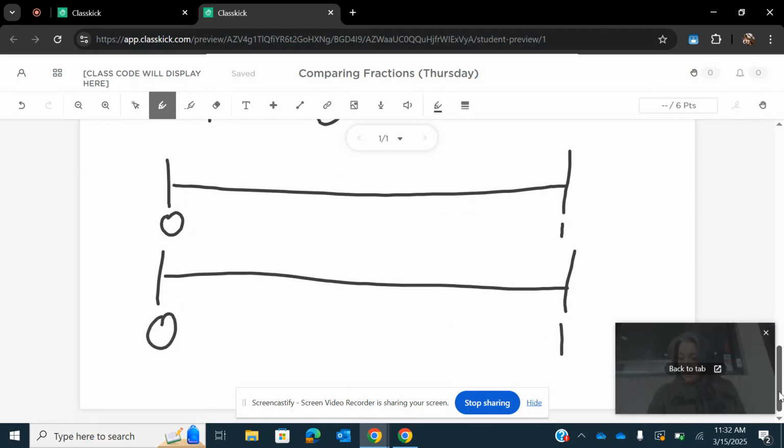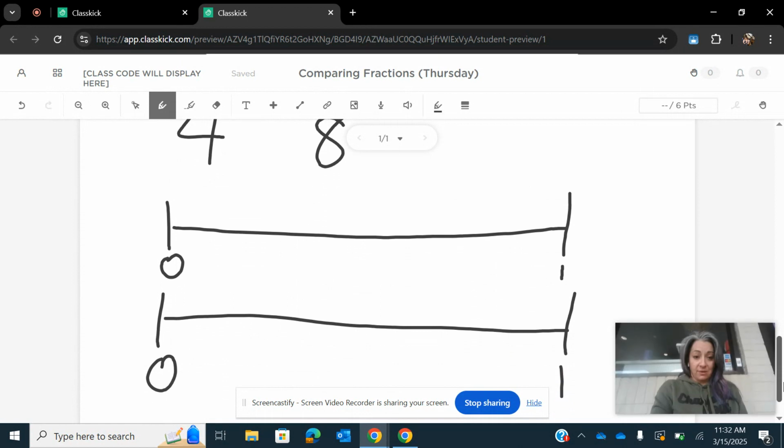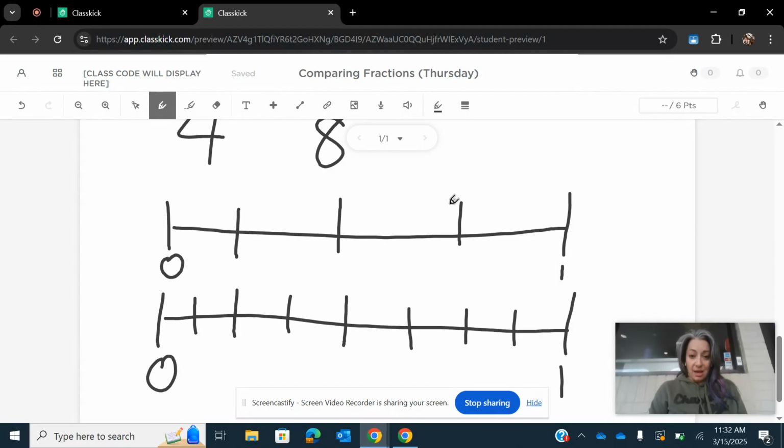The first one I'm going to be breaking up into fourths. So fourths, 1 in the middle, and then break that up. This one I'm going to be breaking up into eighths. 1 in the middle, break that in half, and then break these ones in half. You want to make sure they're the same size and you have the lines lining up. If you had the lines at different spaces, it's not going to work.